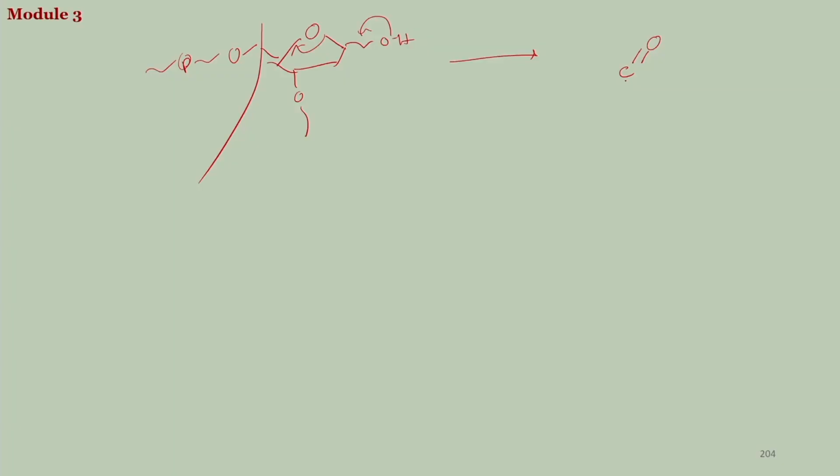Once you get the abasic site, then in piperidine what happens, it gets oxidized, and that will basically open up, it will make the cleavage of the 5' end. So, different people show different kinds of mechanism. It is something like this. So, you have OH here that has cleaved out, and you will have the ketone, the aldehyde here.